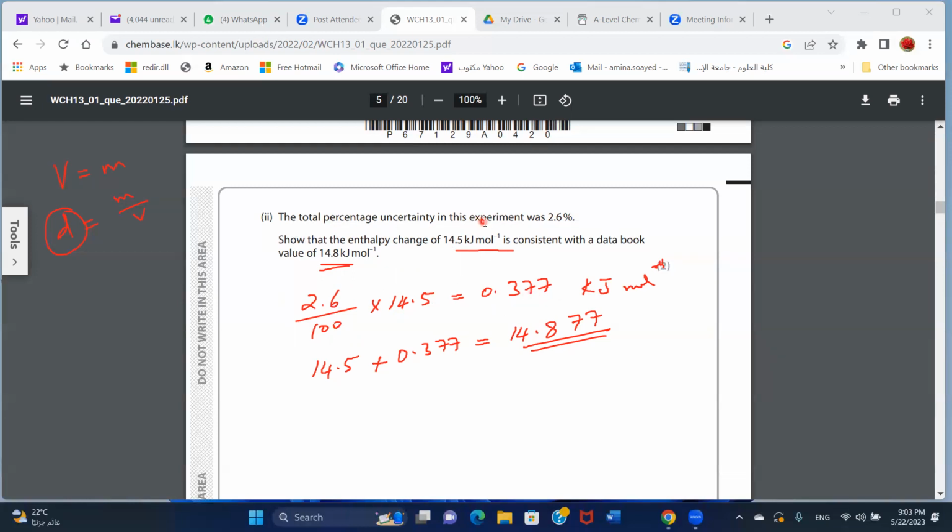Of course, the percentage uncertainty means plus or minus. So if we take the plus, we will get 14.877, which means that it is consistent with the value that is present in the data booklet. If you add the percentage uncertainty present in this experiment, you will get a value that is very near to the data booklet's value.